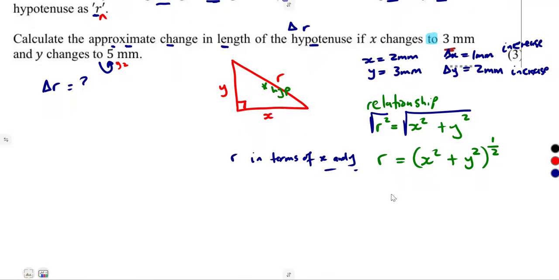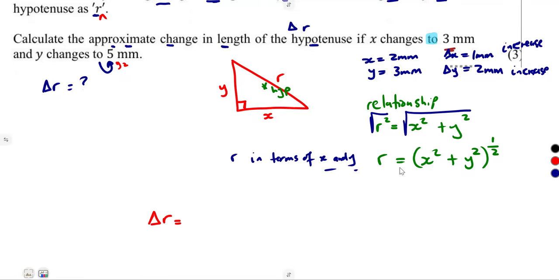The change, remember, it is supposed to be affected by these two variables, X and Y. So the first is our R affected by X and also by Y.